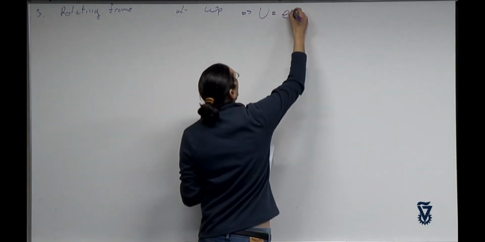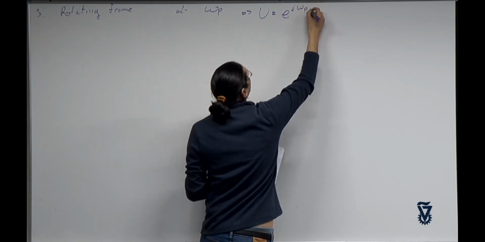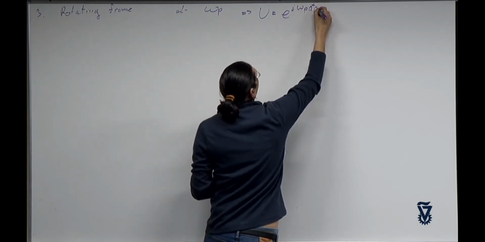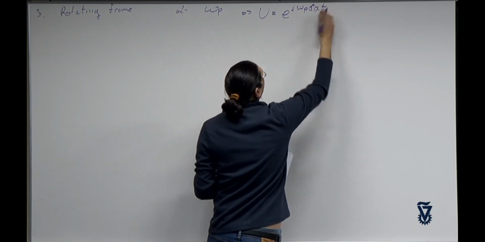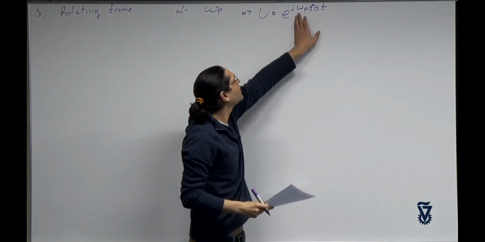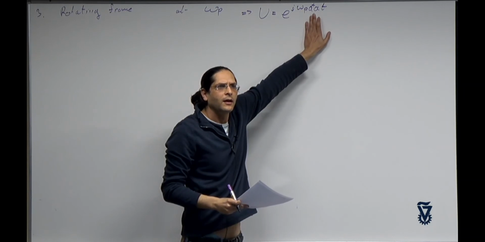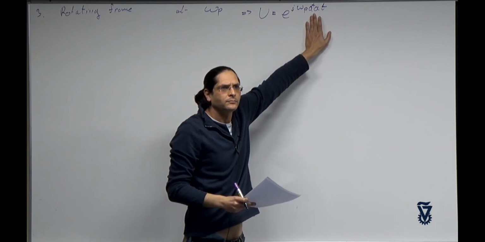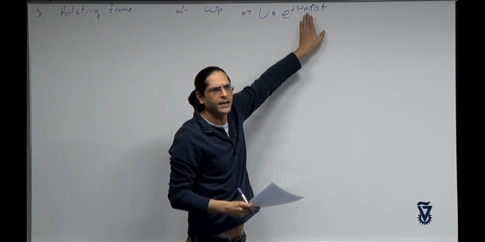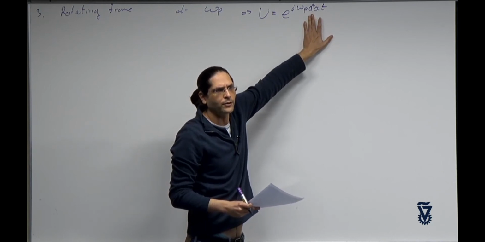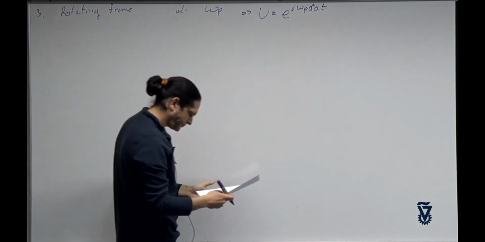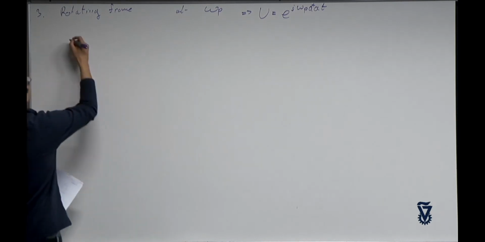So we'll have e to the i omega p a dagger a t, the frequency you want to go into and the operator that you want. Here a dagger a is the number operator for the cavity.